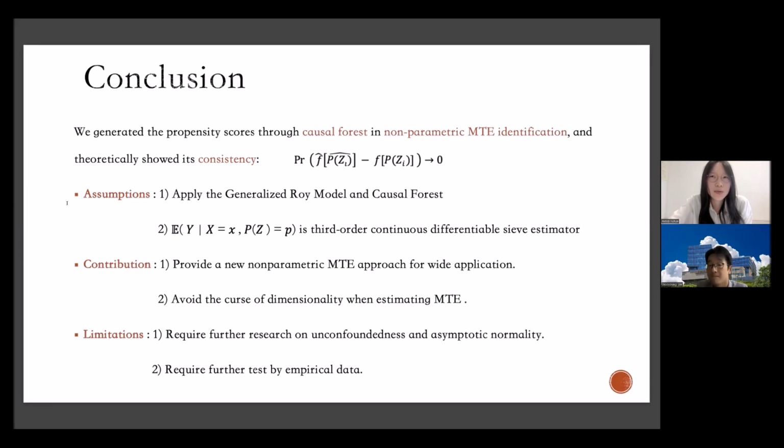And in the later steps, I don't think there would be any reason that may cause the result to be biased or not asymptotically normal. So I feel like it would apply, but it would need further tests.